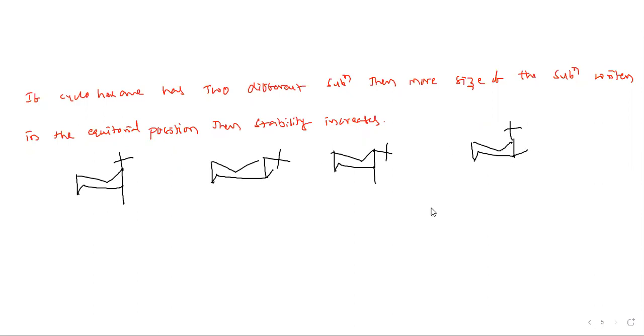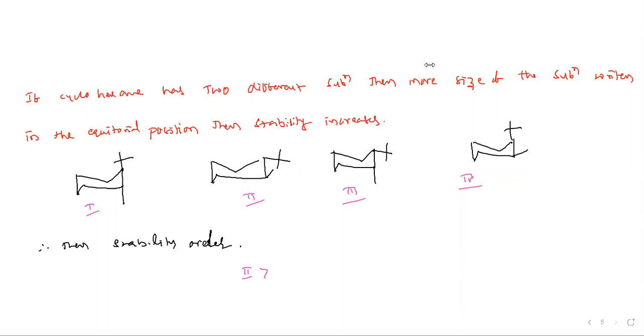Now, which one is more stable? Then stability order. I will give numbers 1, 2, 3, 4. Always the first one is a second.